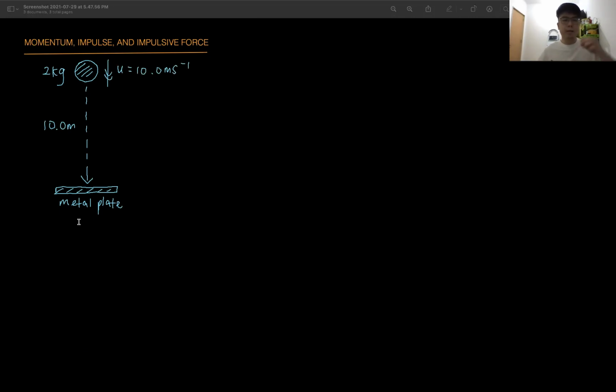Suppose that I drop a ball of 2 kg and it falls down 10 meters and hits a metal plate. After it hits the plate, it bounces up at a speed of 10.